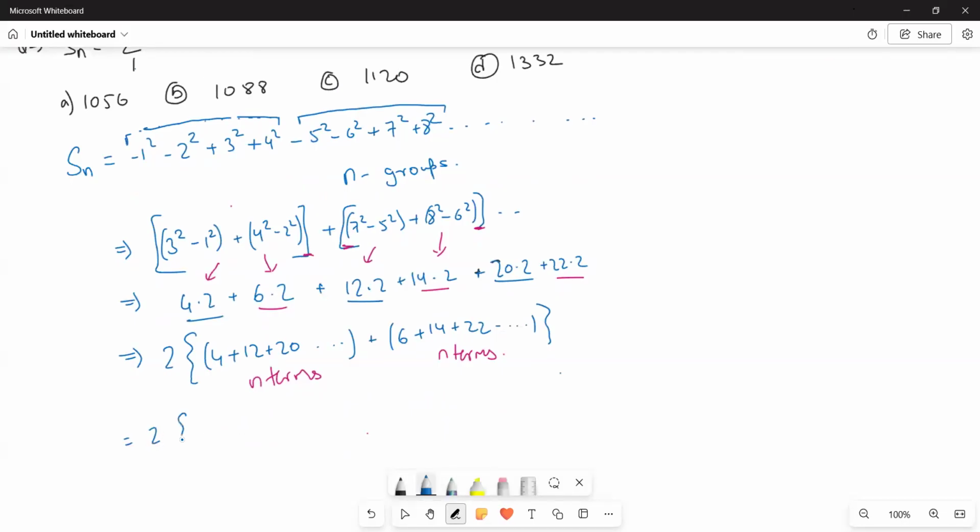So this will be twice of n by 2 into 2a plus (n minus 1)d, प्लस यहाँ पे भी सेम चीज, n by 2 into 2a plus (n minus 1)d.